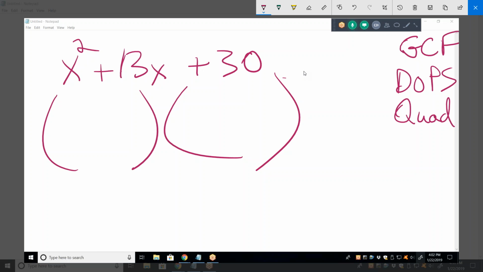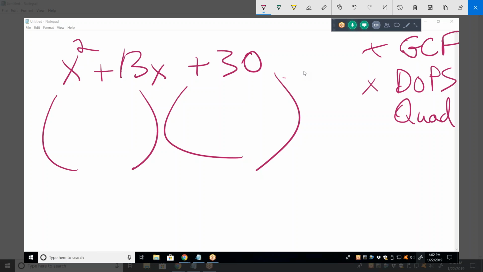So First of all, we check greatest common factor. There's none. It's not difference of perfect squares. So the next thing, we're going to factor it like a regular quadratic. By that I mean it has an x squared term, it has an x term, and it has a number. Whenever you see that, there's never a greatest common factor. Okay? So first step in factoring this first level quadratic.